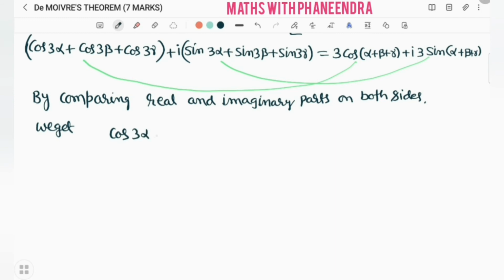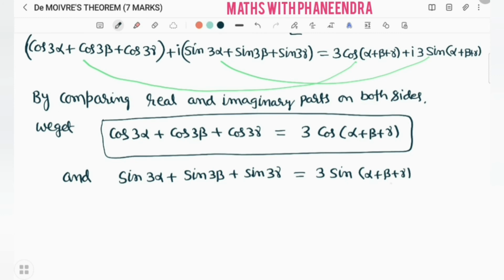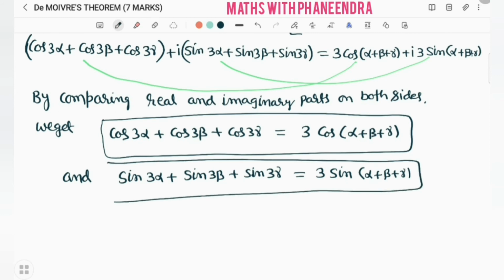Cos 3 alpha plus cos 3 beta plus cos 3 gamma, these are the real parts, is equal to 3 into cos of alpha plus beta plus gamma. So the first question answer we got, dear students. And the second question answer, if you compare the imaginary parts, sin 3 alpha plus sin 3 beta plus sin 3 gamma is equal to 3 sin of alpha plus beta plus gamma. So the second question answer also we got.